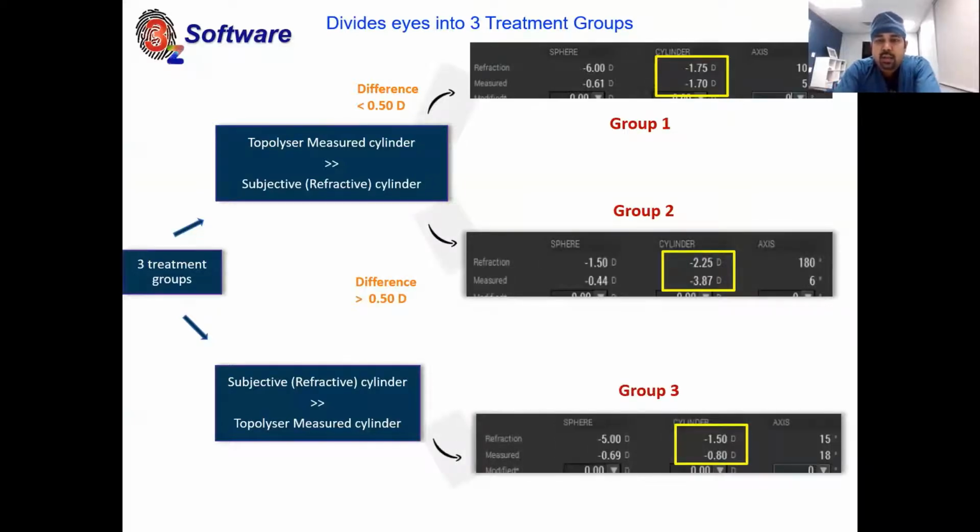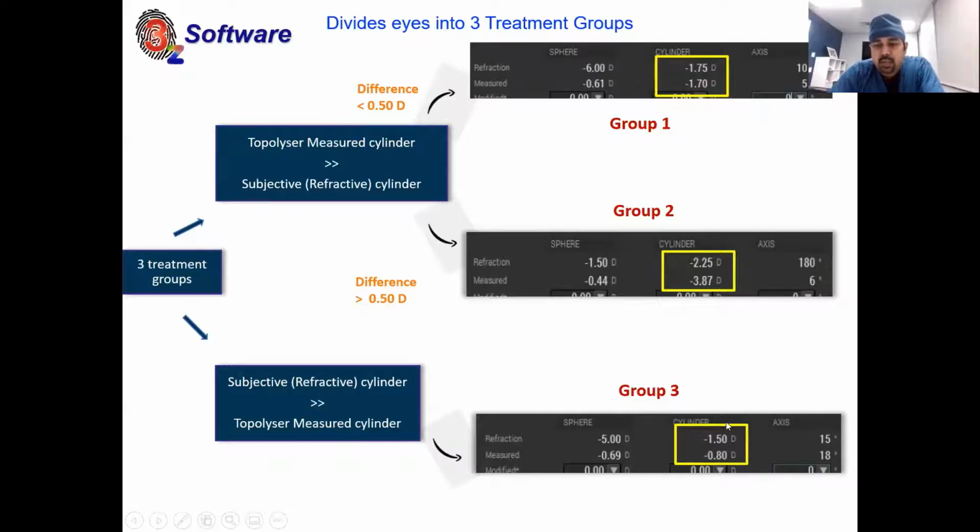So in treatment group 1, all the patients had, as we see here, what is there on refraction and what is measured on the cornea on the topographer similar. That means the amount of high order aberrations on the cornea is minimal. Group 2 were those who had their measured cylinder on the topographer much more than what the patient was accepting, which is a difference of more than 0.5. And group 3 were patients where the amount of measured cylinder was less than what the patients are accepting, which were basically lens induced.